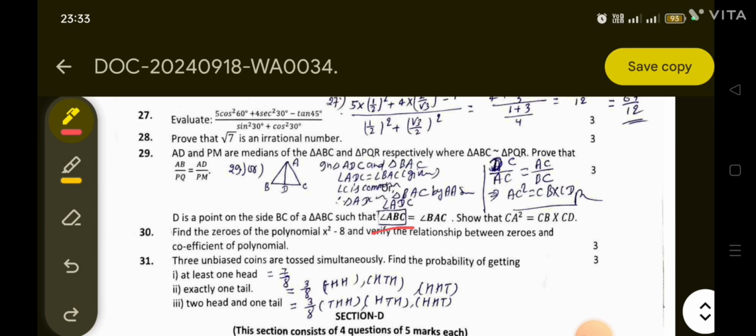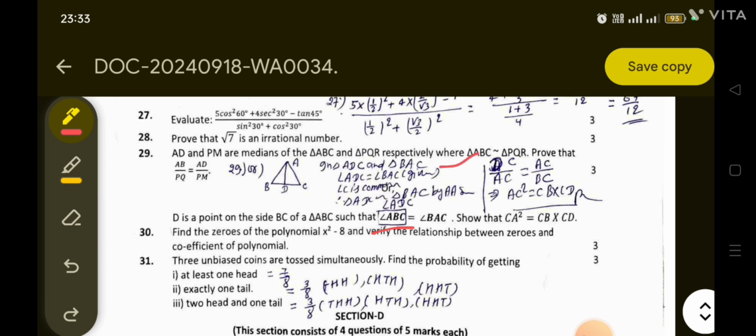Now if we take triangle ABC and D is a point on BC, here are two triangles ADC and ADB, but we need to take triangle ADC and triangle BAC.